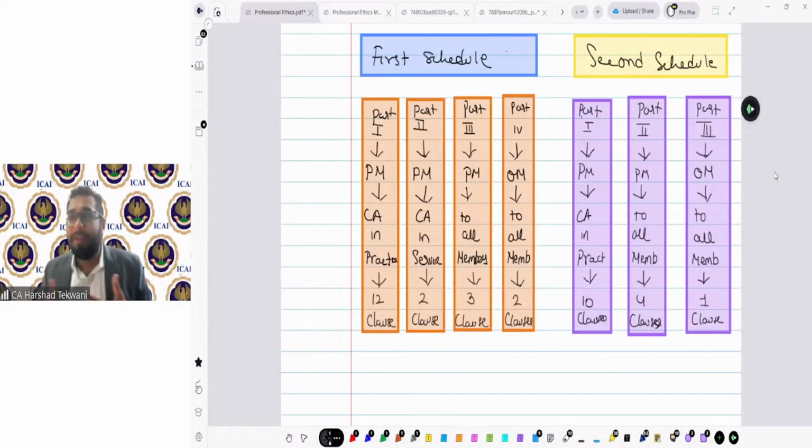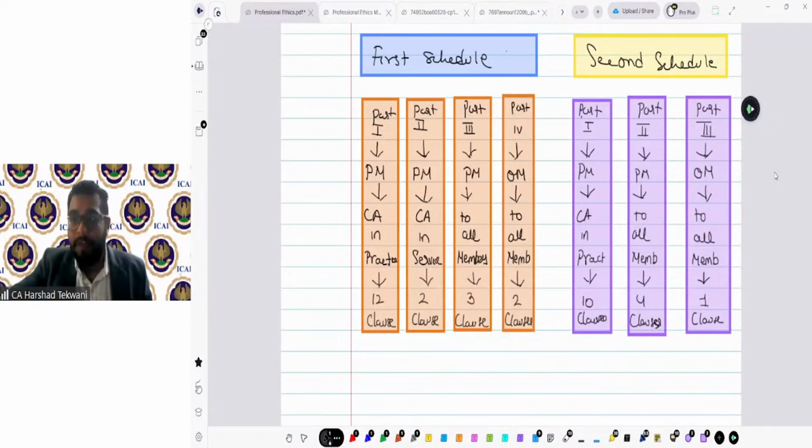When I say professional misconduct and other misconduct, what is the difference between them? First difference is when a chartered accountant commits any of the acts mentioned in part 1, 2, 3 of first schedule or part 1 and part 2 of second schedule, then he is known as guilty of professional misconduct.